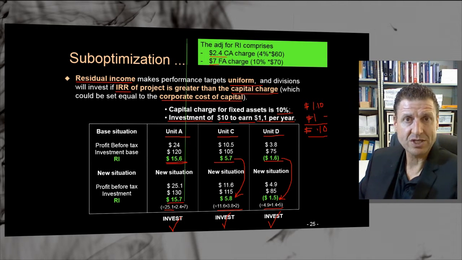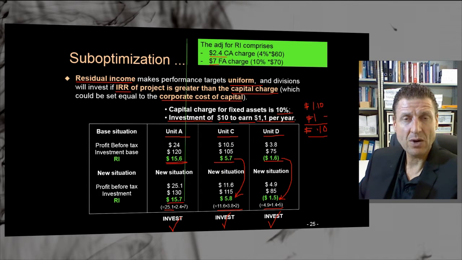That means all divisions are making the same decision, and it is congruent with head office, their value creation at the head office level, which is based on the capital charge. Head office, if they did not delegate, if they did not decentralize, and they made the decision, they would have said, yes. Now they delegate, and now they make the divisions accountable to residual income. And guess what? The divisions are saying yes, yes, yes.